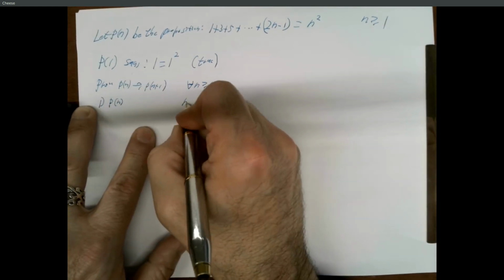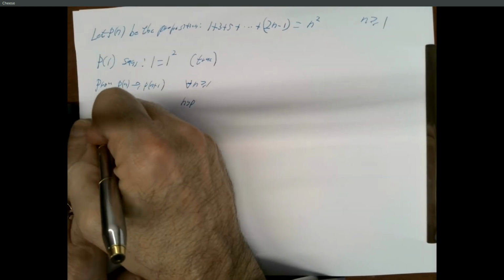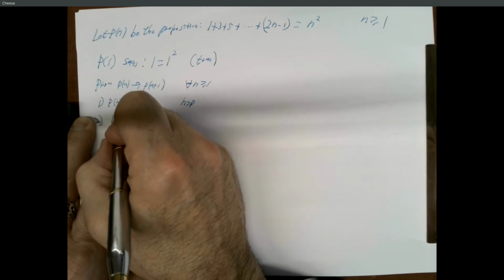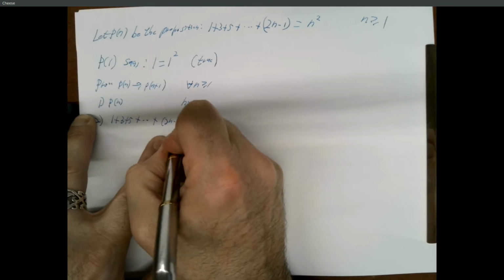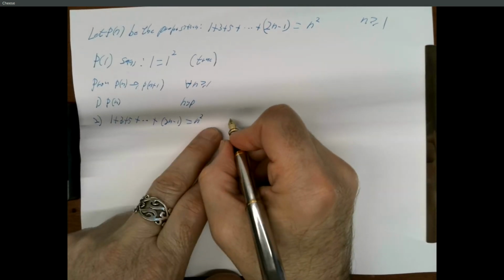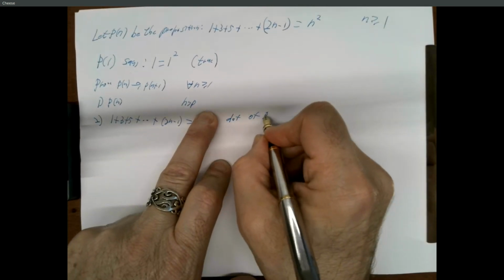And it's going to look a lot like what we just did with the sum of integers. So step 1, I'll state P of n. That's a hypothesis. Step 2, I'll spell out what this says. 1 plus 3 plus 5 up to 2n minus 1 is equal to n squared. That's the definition of P of n.